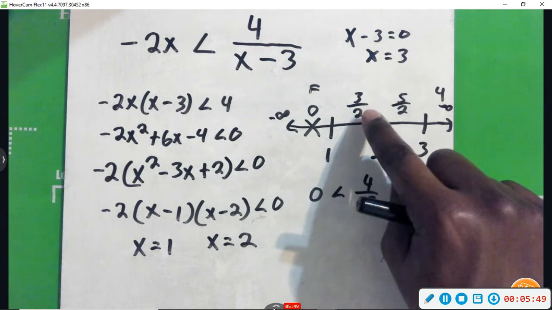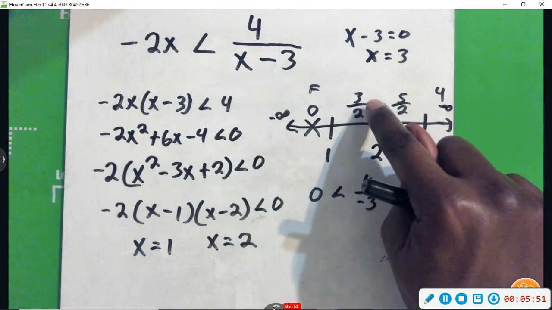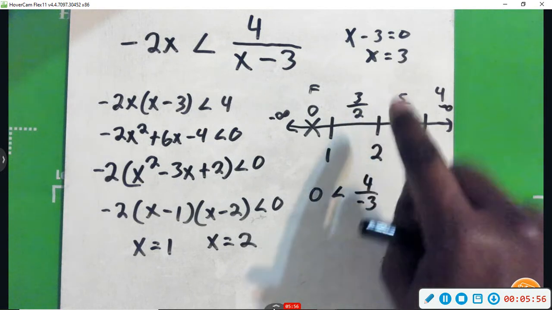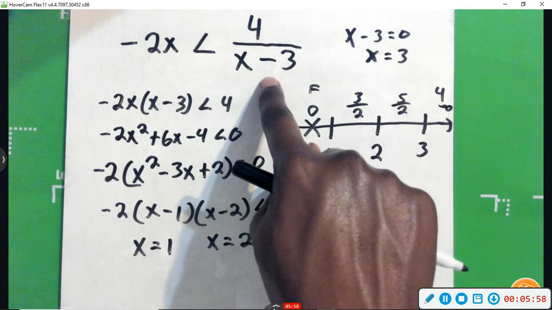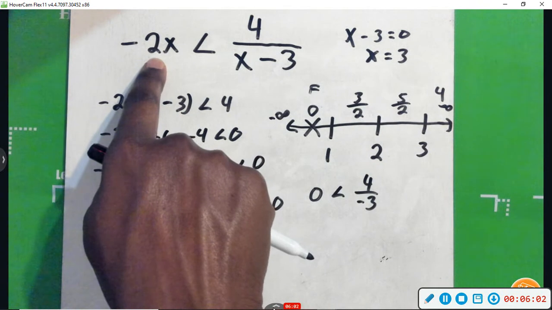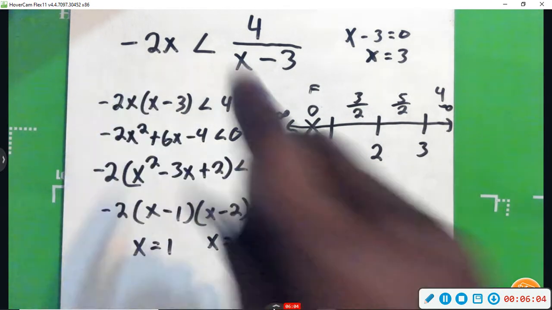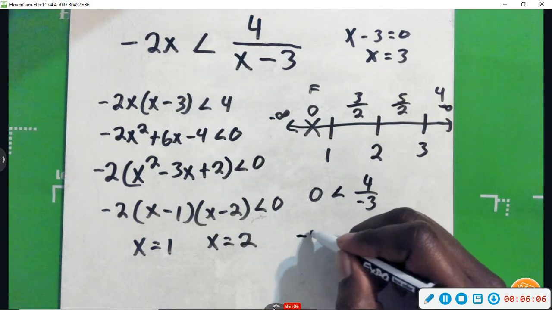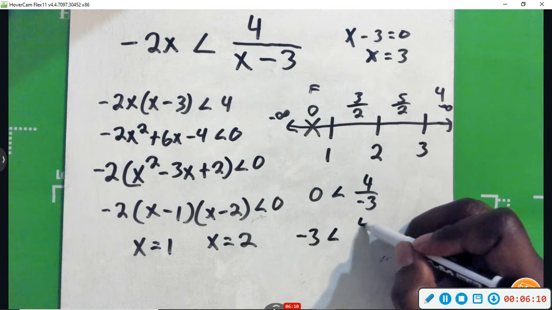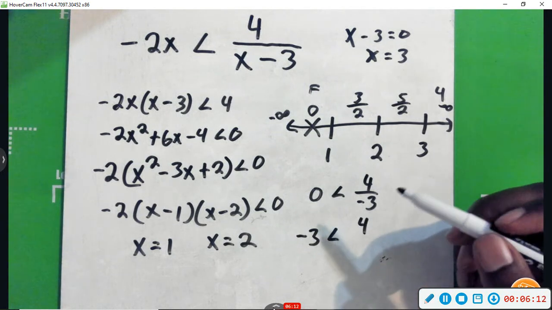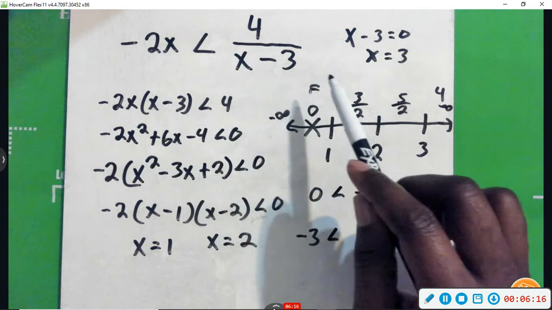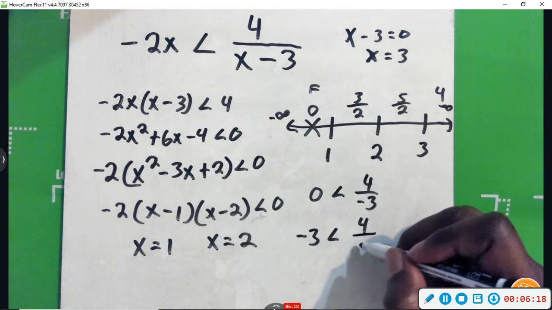Now I'm going to plug in, we can just say 1.5. It might make things easier. On one side it's going to be easier, and on this side it'll be easier just to look at the fraction. So I'm going to plug in 3/2 over here, and that will give me a negative 3, and I'm saying that that is less than 4 over 1.5 minus 3, which will give us negative 1/2.